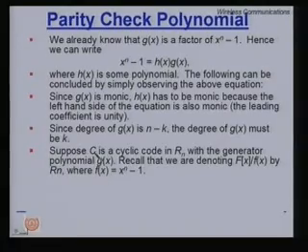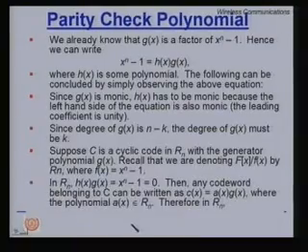Suppose C is a cyclic code in R_n with generator polynomial g of x. Recall that we are denoting f of x by R_n, where f of x is x raised to the power n minus 1. Then any code word belonging to C can be written as c of x is equal to a of x times g of x.